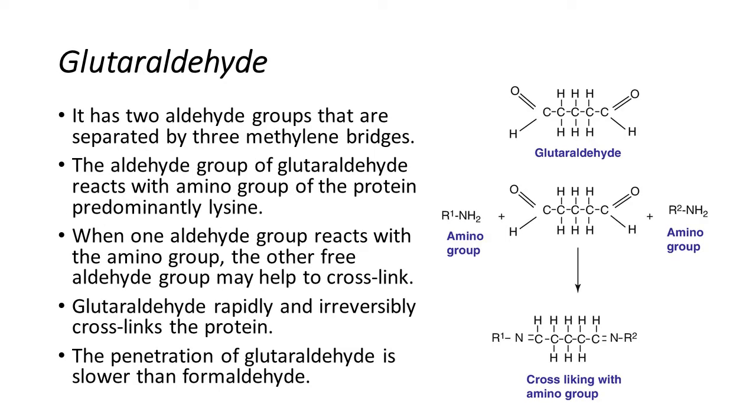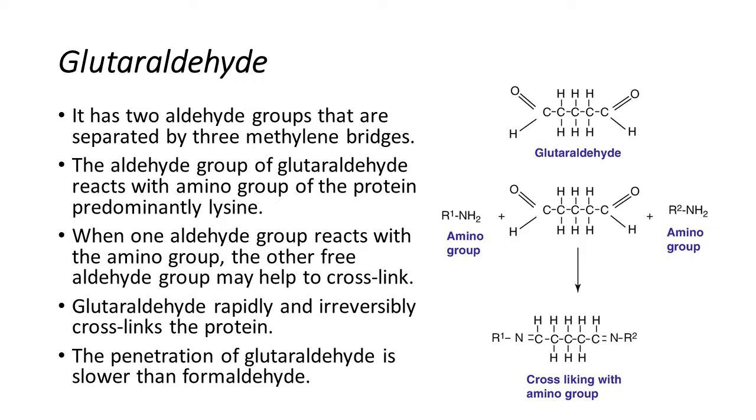Then we will move on to glutaraldehyde. It has two aldehyde groups that are separated by three methylene bridges. The aldehyde group of the glutaraldehyde reacts with the amino group of the protein, predominantly lysine.